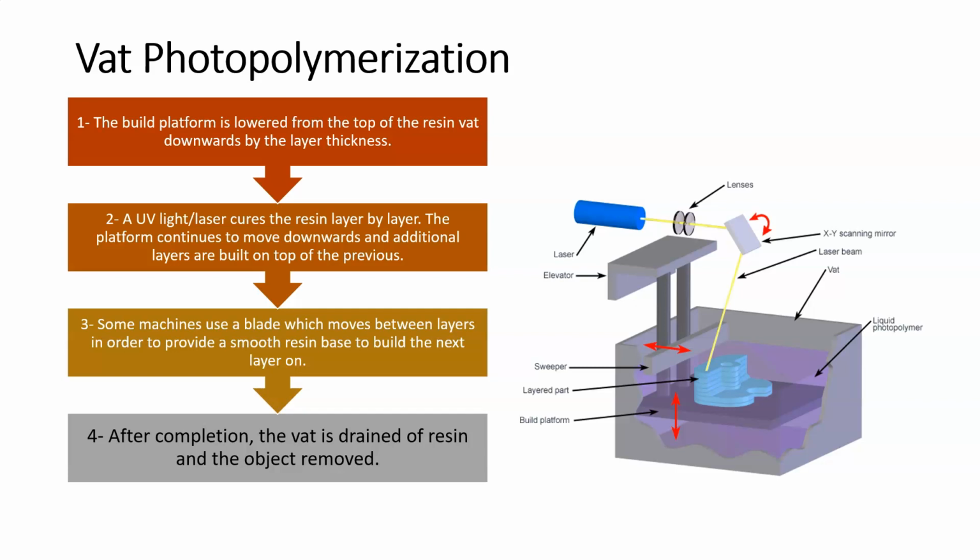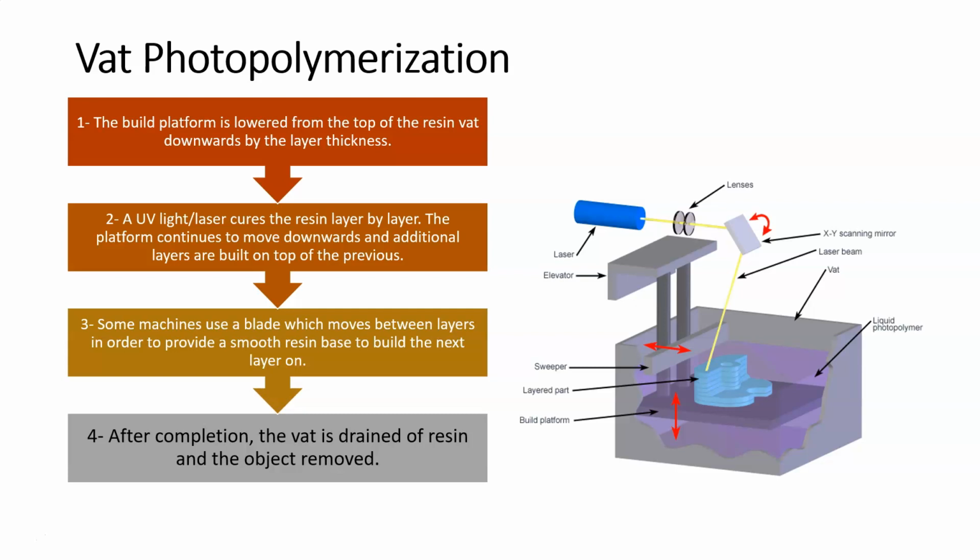Some machines use a blade, which moves between layers in order to provide a smooth resin base to build the next layer on. The blade is going to move across the previously constructed layers, right? It's not going to move across the platform and sweep off the layers that are already solid, but it's going to move across the last built layer and just smooth that off so that you have a good surface to build on.